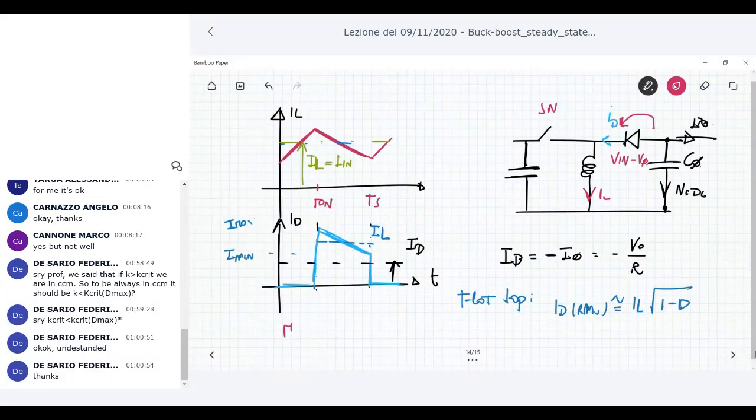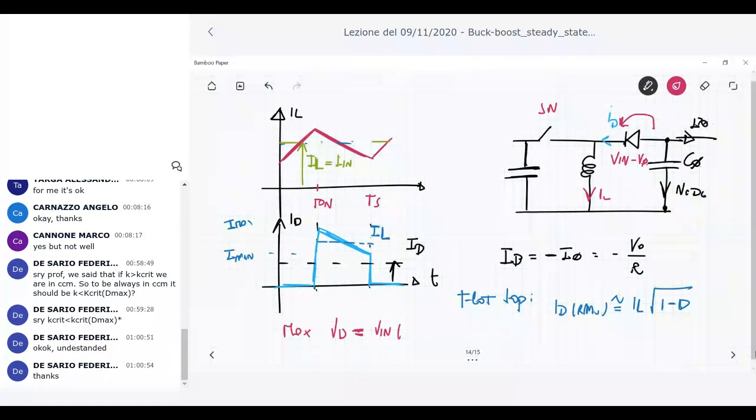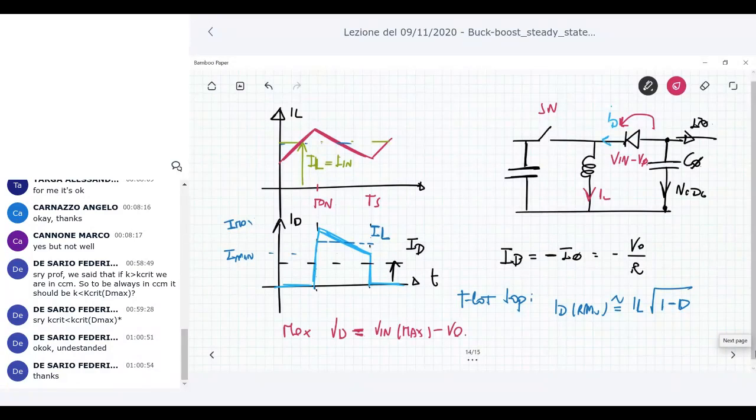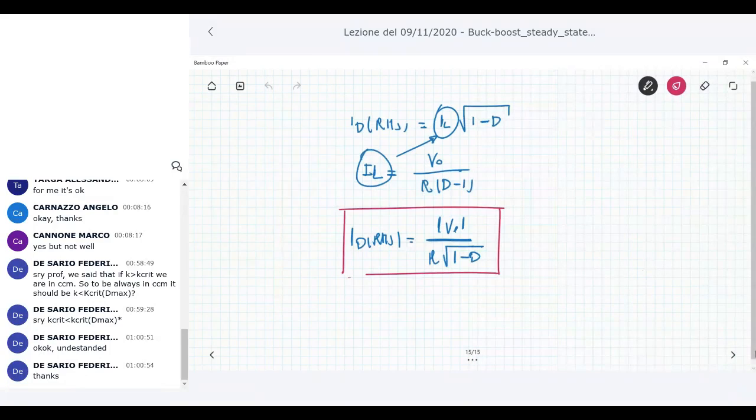Okay, so the maximum VD voltage is V in maximum value minus V naught. So the breakdown voltage of this diode should be larger than the summation of the input and the output voltage. So it should be quite large, this value, if you think.